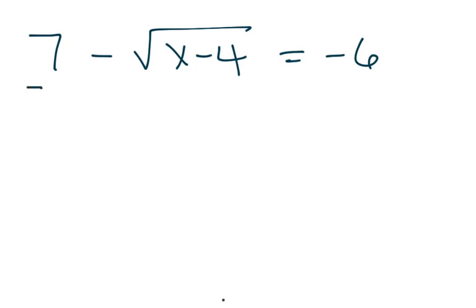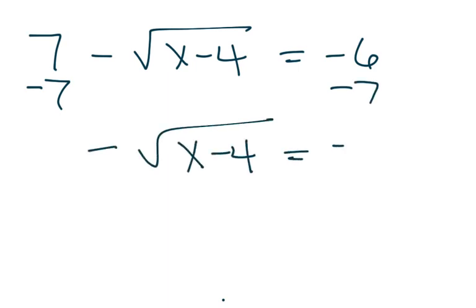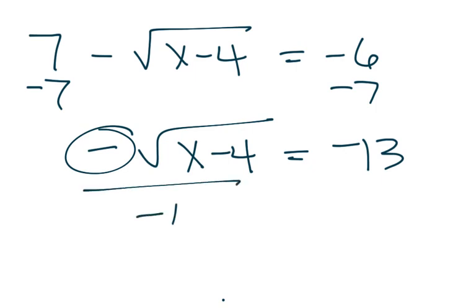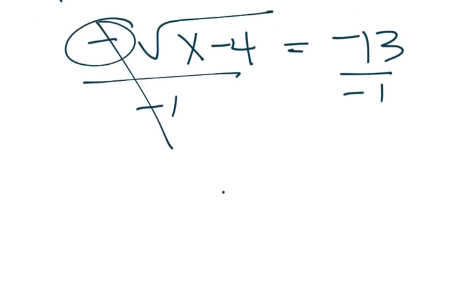Here, I want to get rid of this 7. And so I'll subtract 7 from both sides. That would be what? Negative 13. And I don't want a negative out here. I want this to just be a plain old radical x minus 4. And so essentially, what am I going to do? I'm going to divide by negative 1 because that cancels the negatives out.